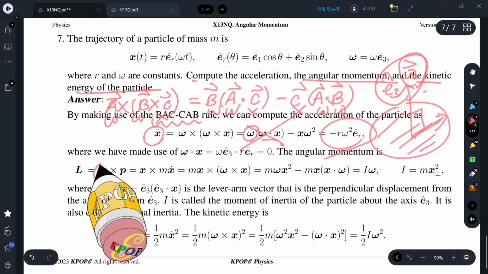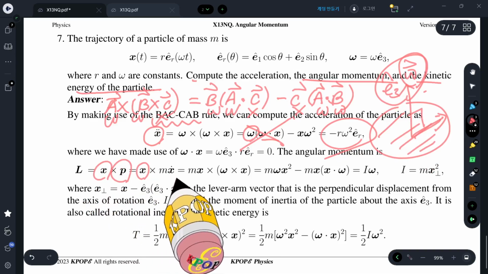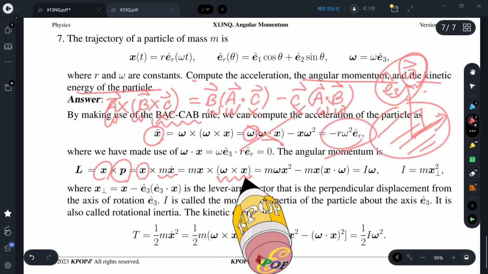Angular momentum, x cross p. That is x cross m times the velocity, and the time derivative is omega cross x.